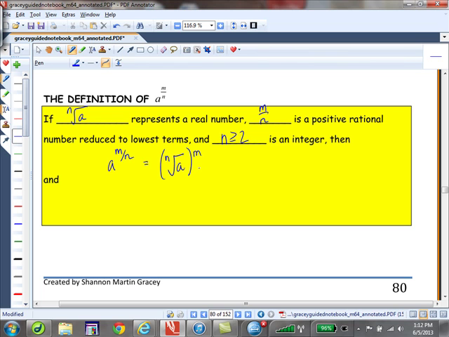So this means that you would first evaluate the nth root of a, then raise the result to the mth power.